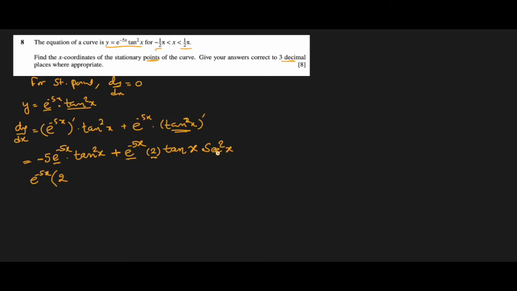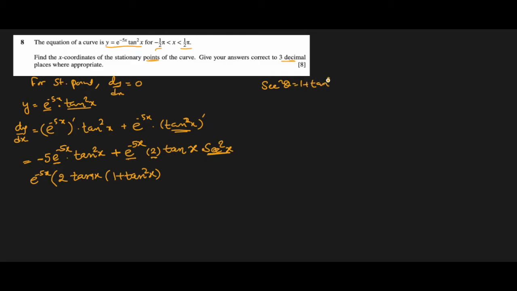Tan x and secant square x, they are not the same, okay. We can change this one later, right? So what will I do? I will write 2 tan x, but in place of secant square x I will write 1 plus tan square x. That's the identity: secant square theta is 1 plus tan square theta.